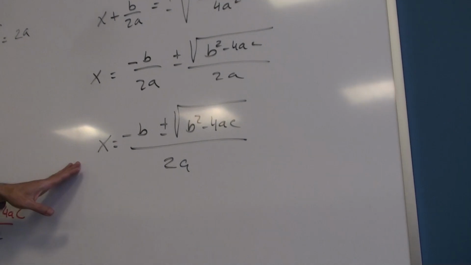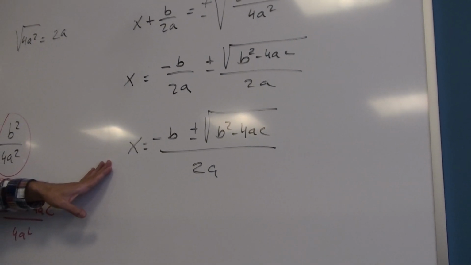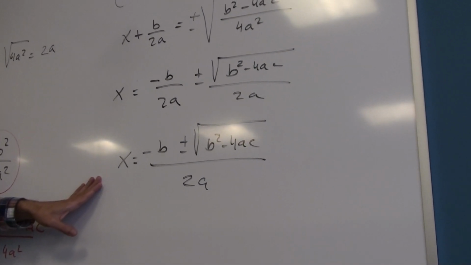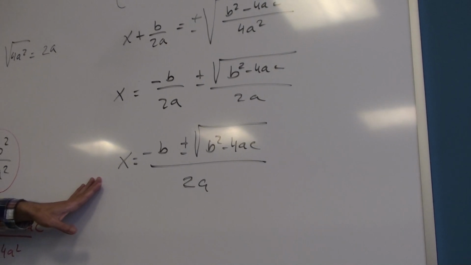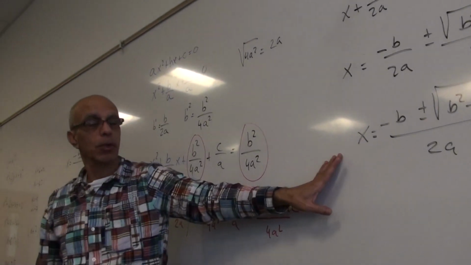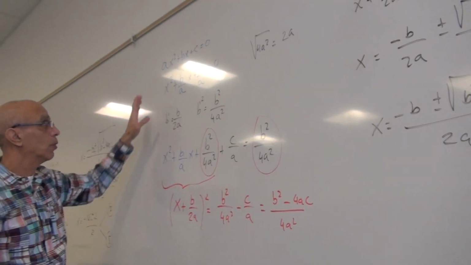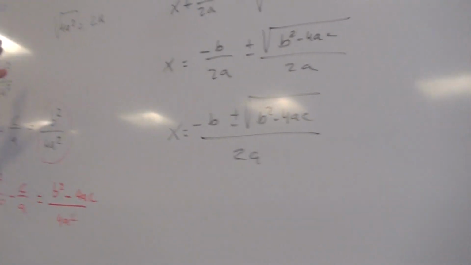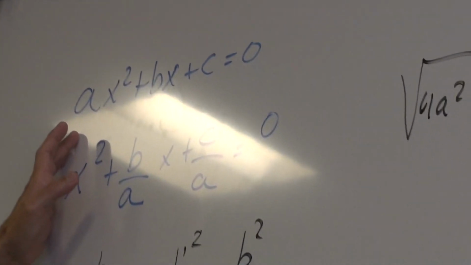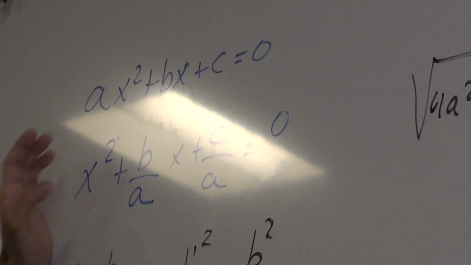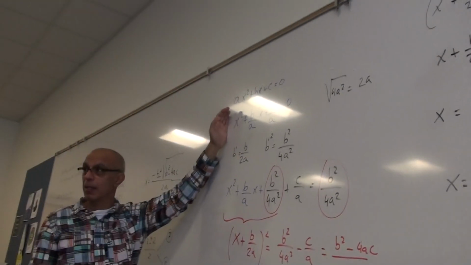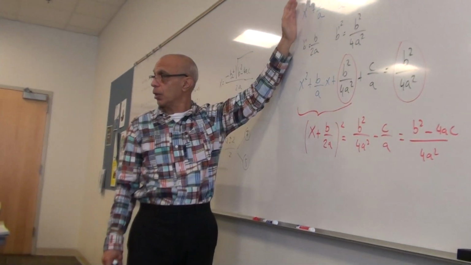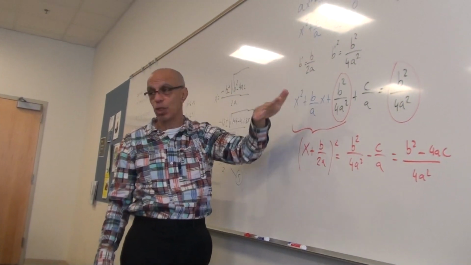Is this something that looks familiar? This is the quadratic formula, right? So what I just showed you is how to come up with this formula from the general format of the quadratic equation, just by using the strategy of the method of completing the square.